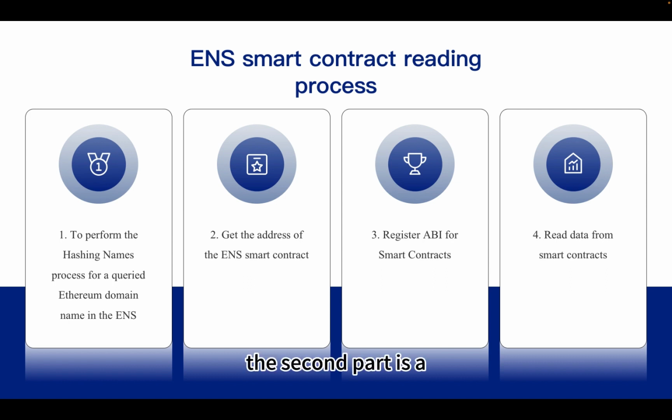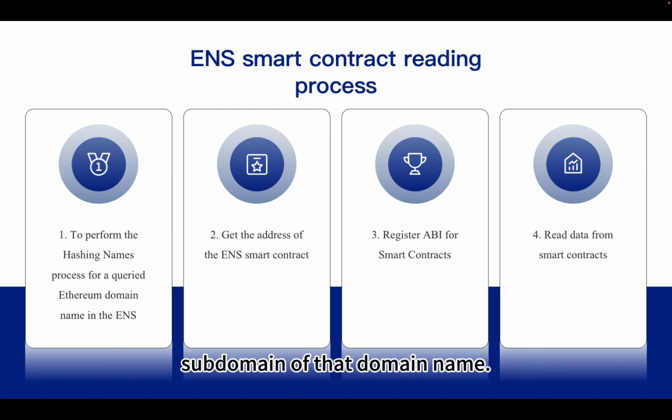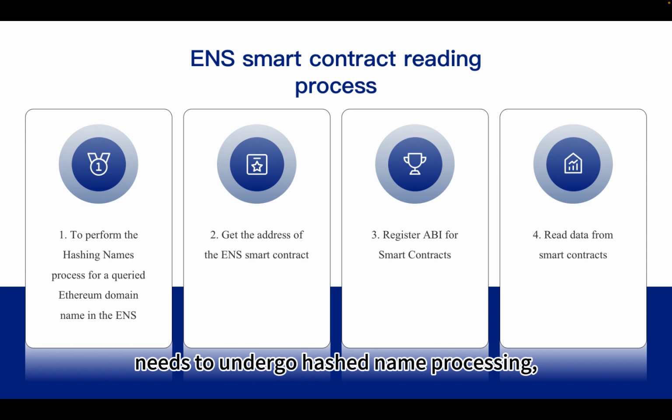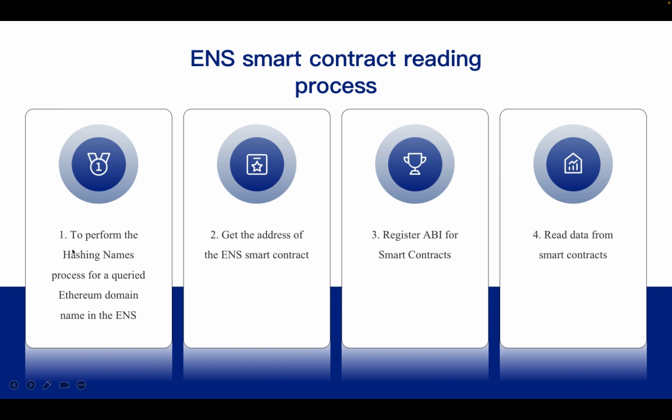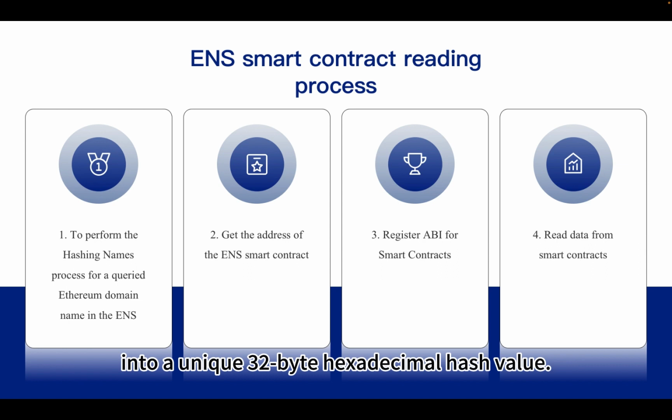The second part is a 32-byte hexadecimal hash value representing the subdomain of that domain name. To perform this step, the Ethereum domain name being queried needs to undergo hashed name processing, which can be done using a hash function to convert the queried domain name into a unique 32-byte hexadecimal hash value.